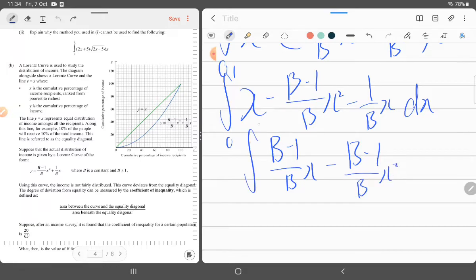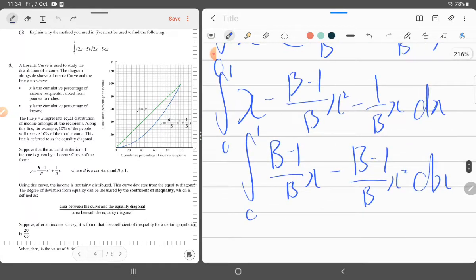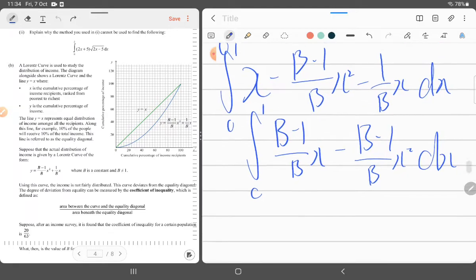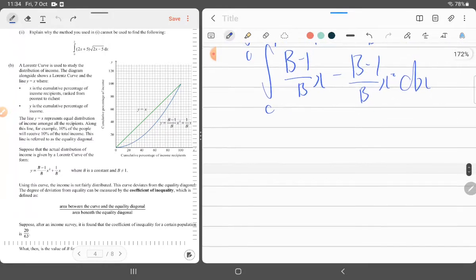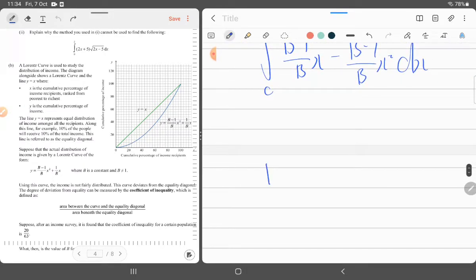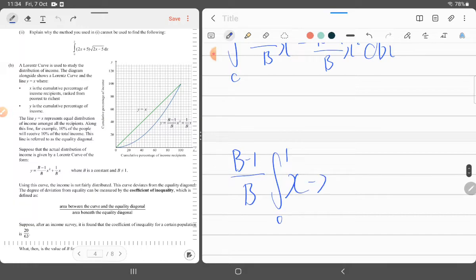Since I just made it the denominator, then b take away 1 over b are just coefficients which can be pulled out. So b take away 1 over b, integral from 1 to 0 of x take away x squared.